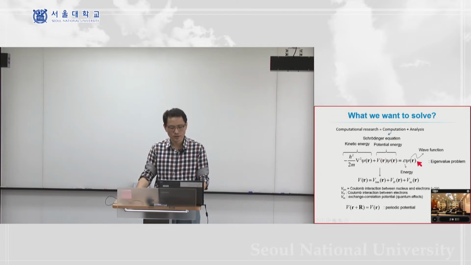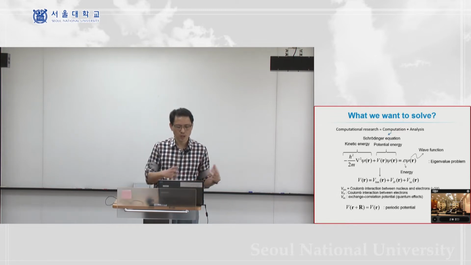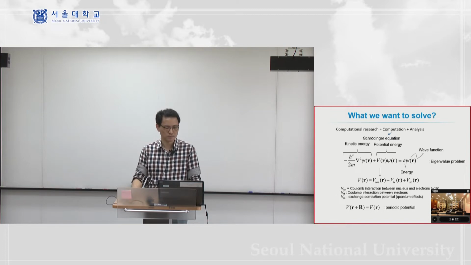This is an eigenvalue problem, where E is the energy and psi is the wave function. The complicated thing is that this potential is a three-dimensional potential, and it is also a periodic potential, because we are assuming crystalline structures of the material. The potential felt by electrons is split into three parts.